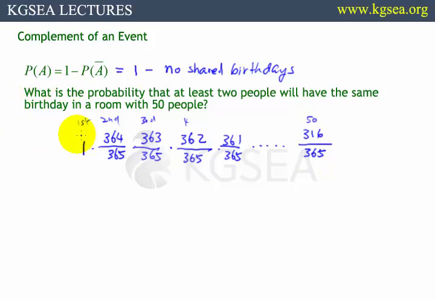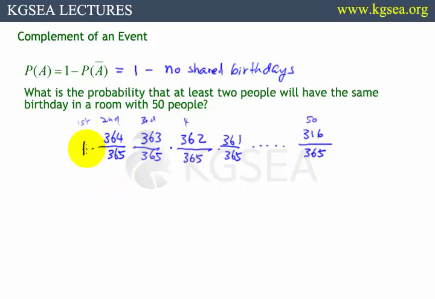Do not just subtract 50. Then you would get it wrong here. You have to think of how the numbers are offset. So that's the last number, and if I multiply all these, then I would get the probability that 50 people do not share the birthday. Nobody shares the birthday. I'm curious, so what would that number be?